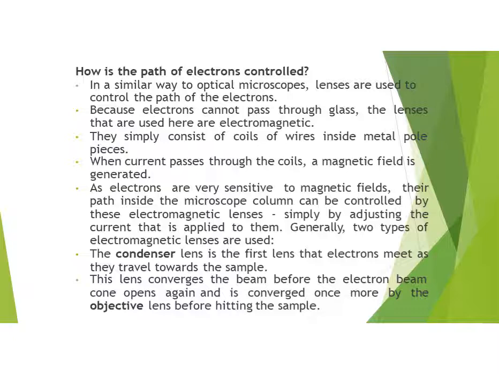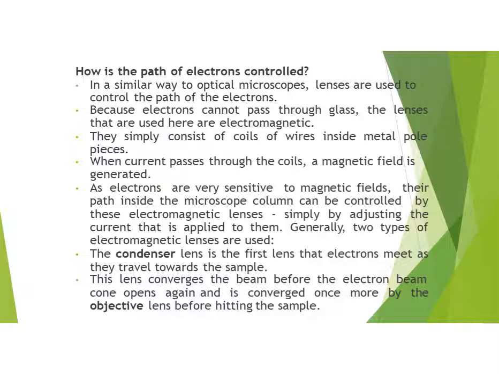They simply consist of coils of wires inside metal pole pieces. When current passes through the coils, a magnetic field is generated. As electrons are very sensitive to magnetic fields, their path inside the microscope column can be controlled by these electromagnetic lenses, simply by adjusting the current that is applied to them.